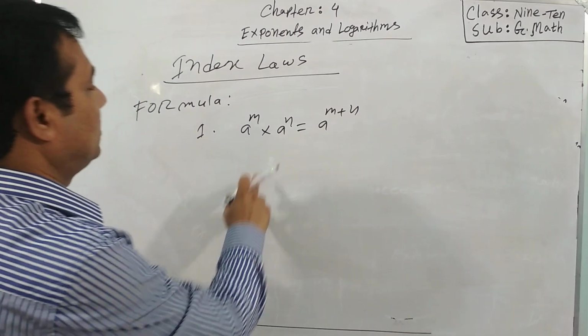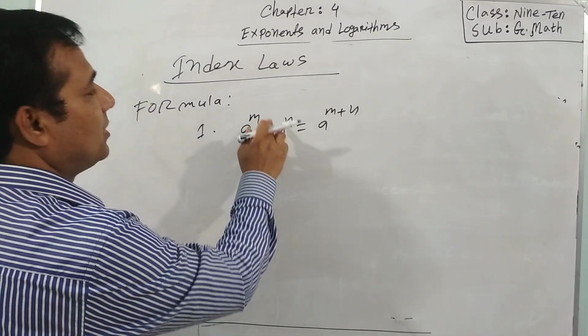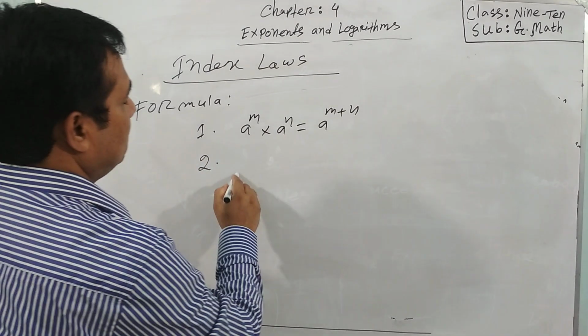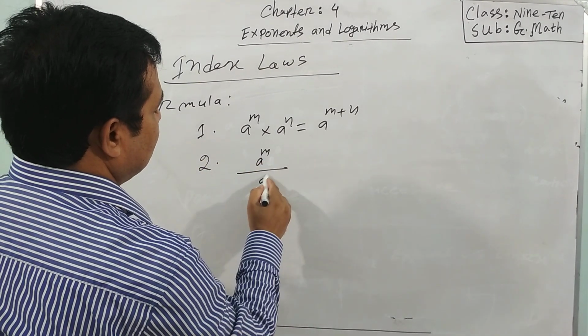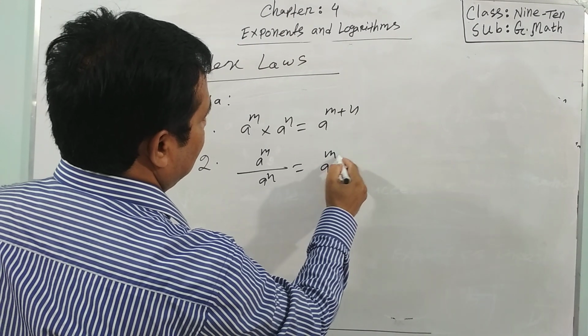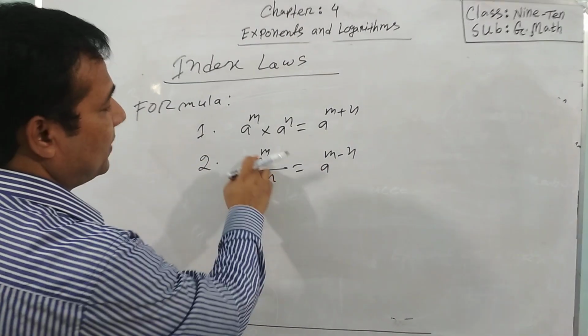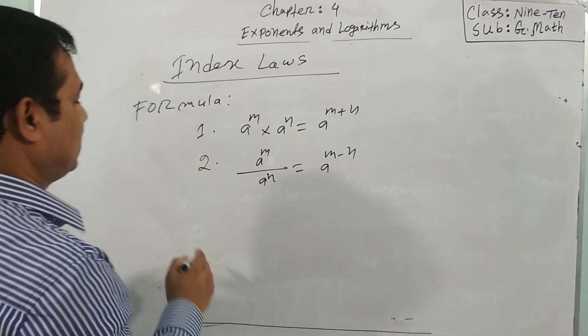In multiplication, when the base is the same, the powers will be added. Next, number 2: a to the power m divided by a to the power n equals a to the power m minus n. In division, when the base is the same, the powers will be subtracted.